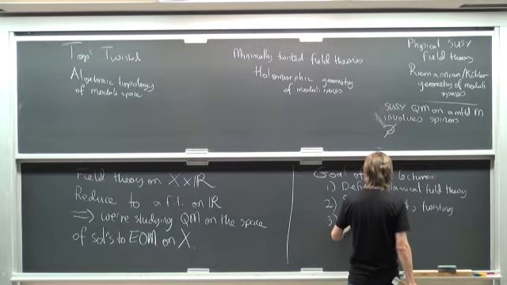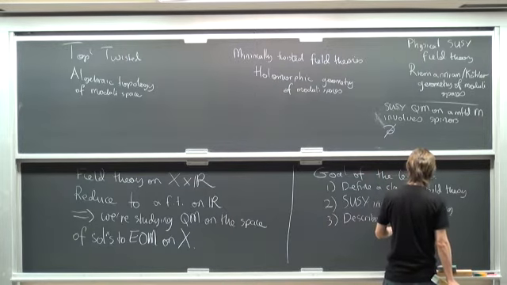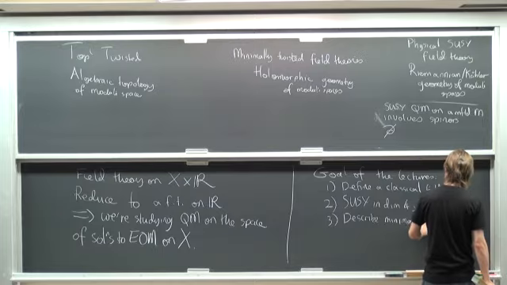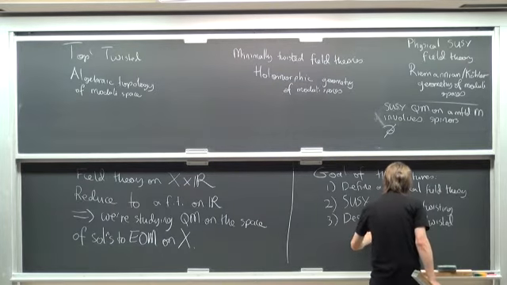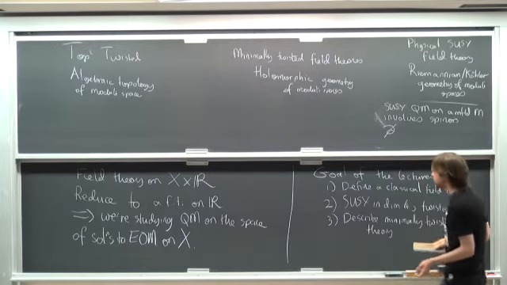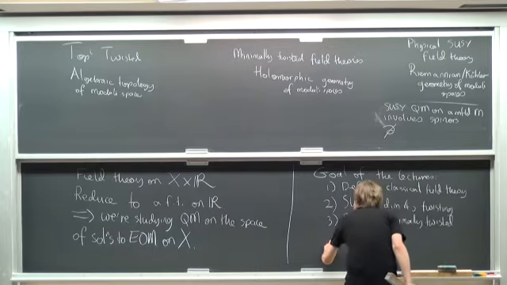Describe these minimally twisted theories. I'm really interested in supersymmetric gauge theories, and then finally maybe say something about what structure we see at the quantum level.